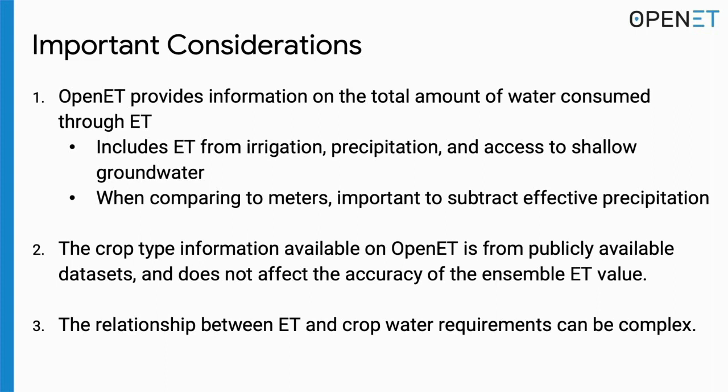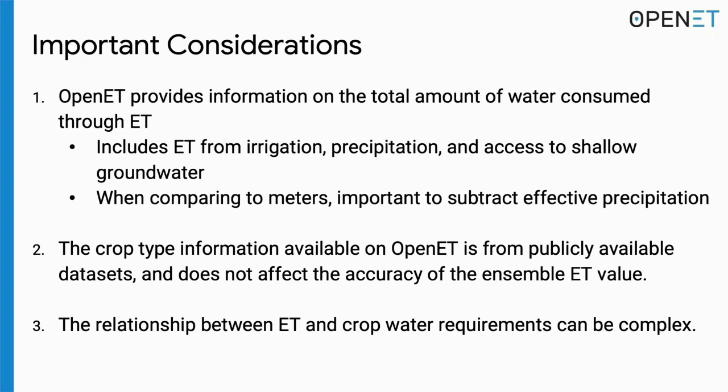And so if you are comparing data from OpenET to measures of applied irrigation water, typically from a flow meter, it is important to at least subtract off the effective precipitation first before making that comparison, right? Because again, the meter is going to be measuring the total amount of water applied, and data from OpenET will include information on ET both from the irrigation as well as from any precipitation that occurred on that field or that region.